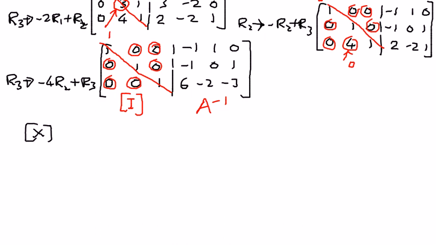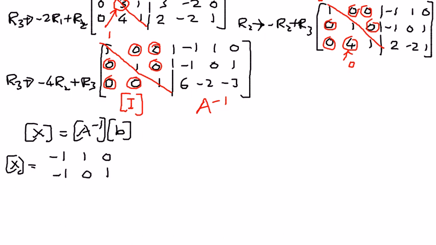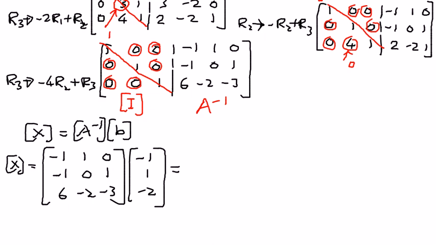We can find X by taking the inverse matrix and multiplying it by the constant matrix B. So the X matrix is the inverse matrix, which is -1, 1, 0, -1, 0, 1, then 6, -2, -3, multiplied by the constant matrix, which is -1, 1, -2. When we expand this out, it is just a simple multiplication now.